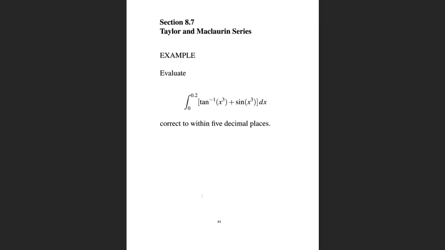Okay, so this is an interesting problem. Does anybody know offhand the antiderivative of the arctangent of x cubed plus the sine of x cubed? Is it one that's easily known or not easily known?